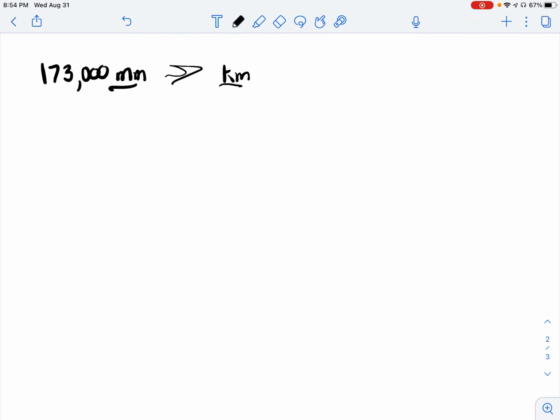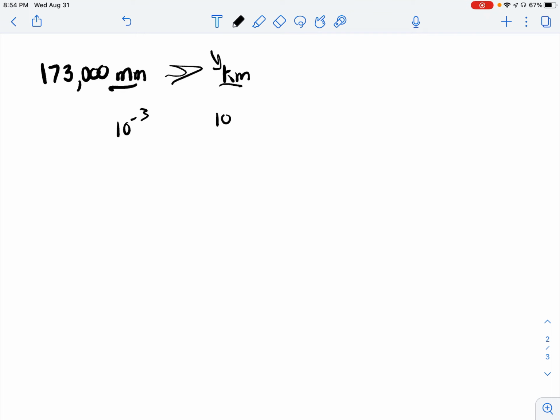Notice that that is a lowercase m, or my best attempt at a lowercase m. Go ahead and find lowercase m. That's really important. Our lowercase m, milli, should be 10 to the negative third. Go ahead and find kilo next, kilo for K, and you should have found 10 to the third power.